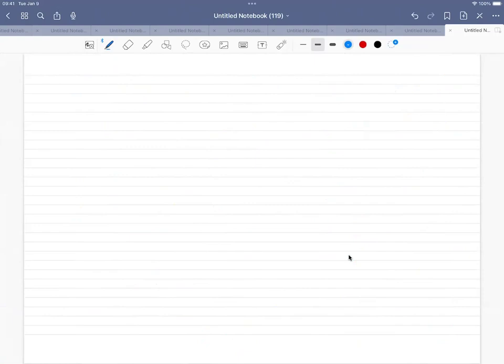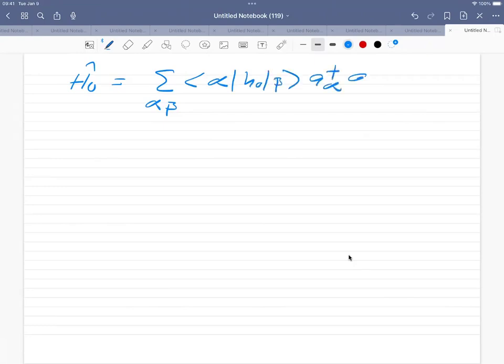So we have H0, which is given by a sum over alpha beta, and we have this matrix element alpha H0 of beta, times A alpha dagger A beta. This is the operator in its most general form. Now, what we're going to do is to simply introduce the new operators.